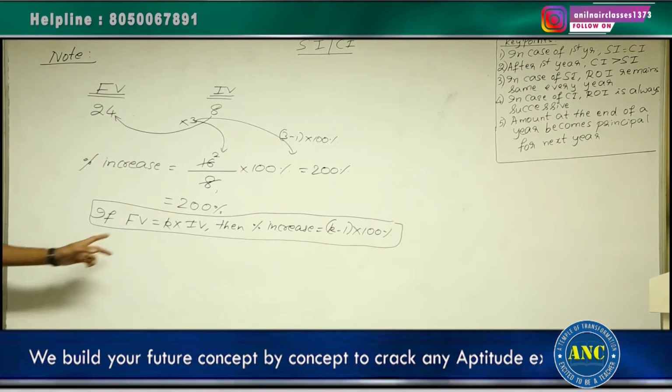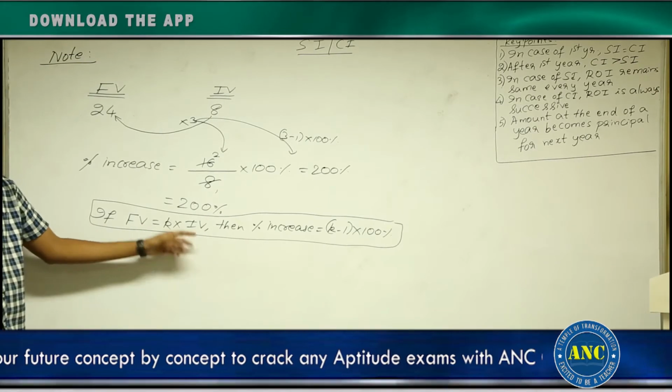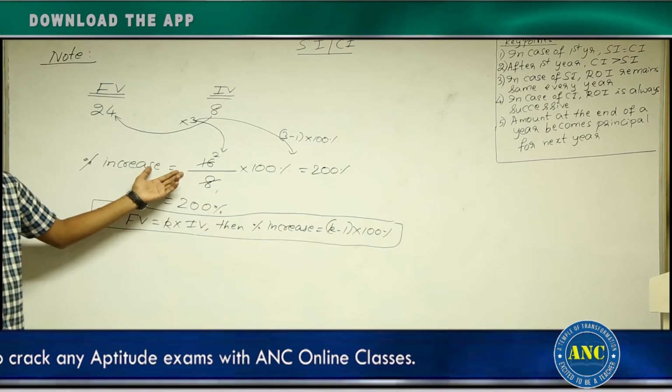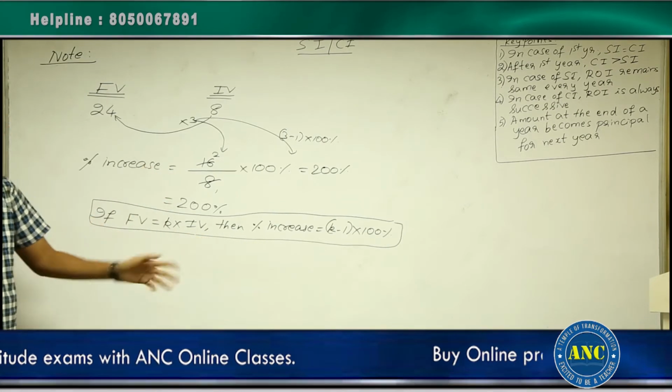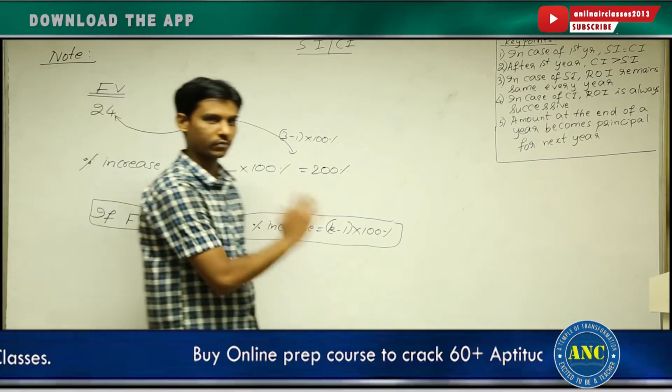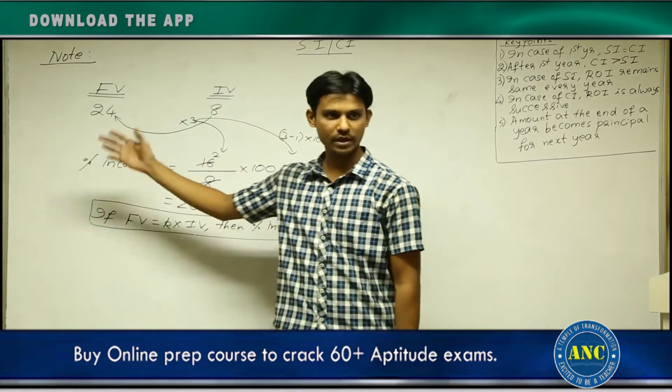What if the final value is not k times the initial value? Then use the approach we used in the concept. If it is k times the initial value, directly write it as (k minus 1) into 100%. Okay, please write it down first.